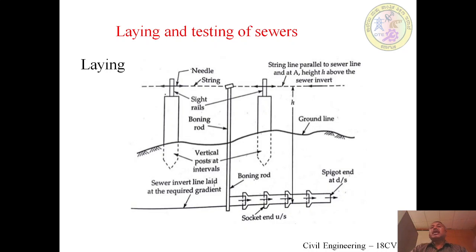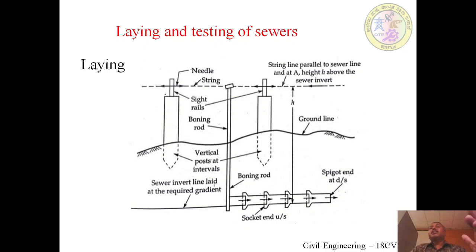The string line at the top of the side rails and the sewer line at the bottom gradient are parallel to each other. Therefore, the vertical distance is transferred from top to bottom with the help of a boning rod.